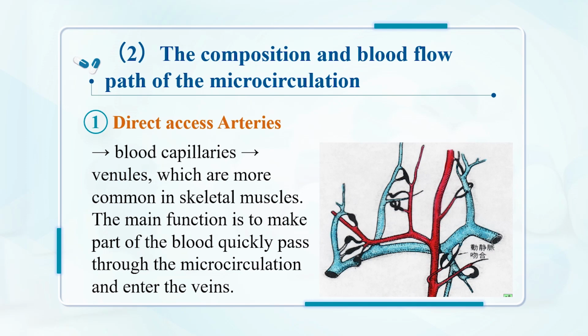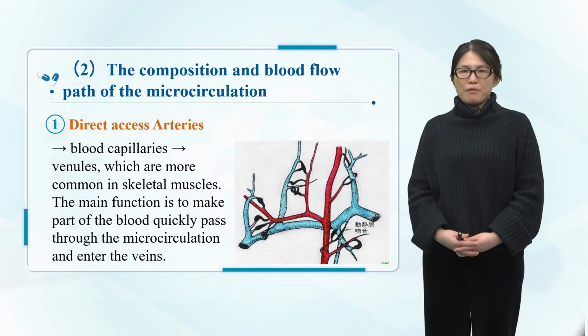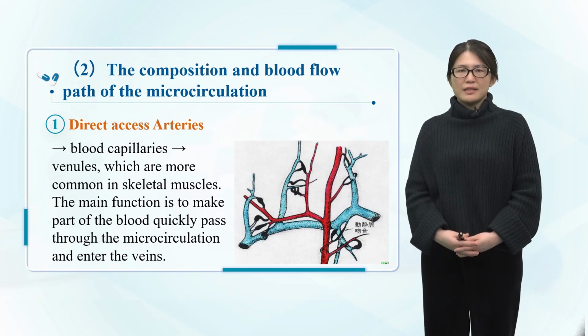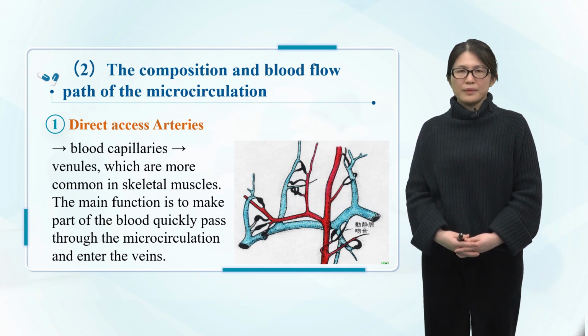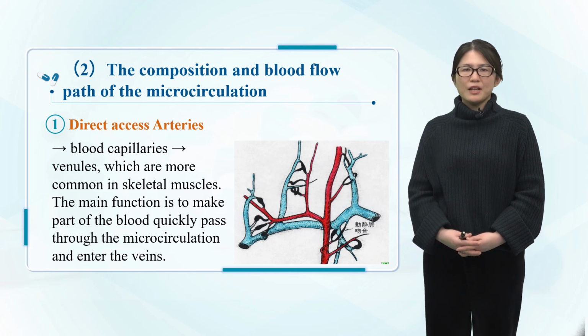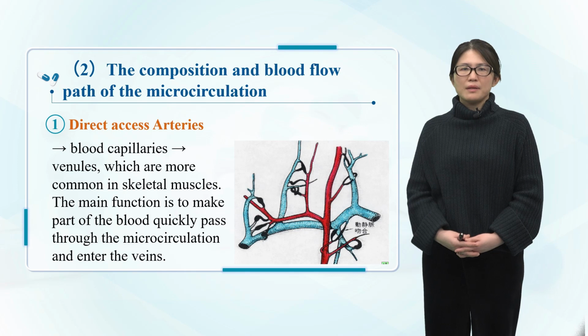Direct pathway: arterioles, metarterioles, venules, which are more common in skeletal muscles. The main function is to make part of the blood quickly pass through the microcirculation and enter the veins.